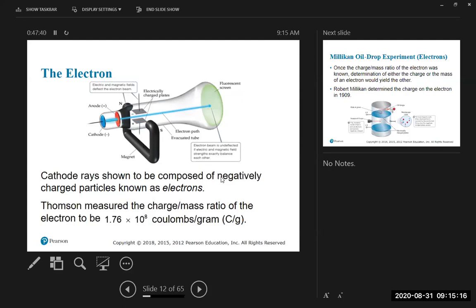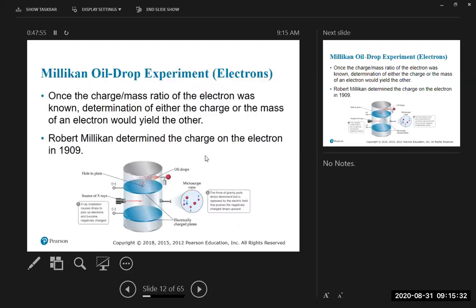The other thing that he did is he measured the charge to mass ratio of the electron to be 1.76 times 10 to the 8 coulombs per gram. Why was that important?